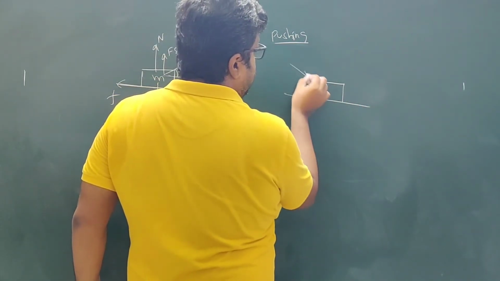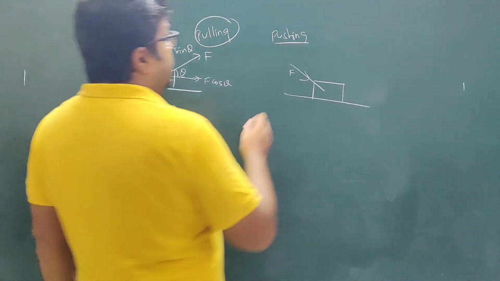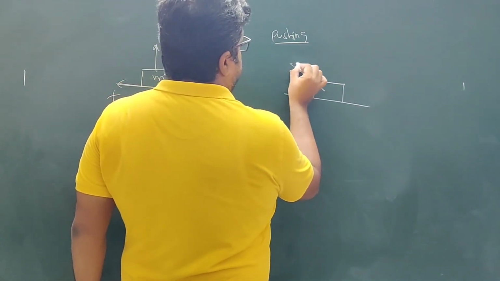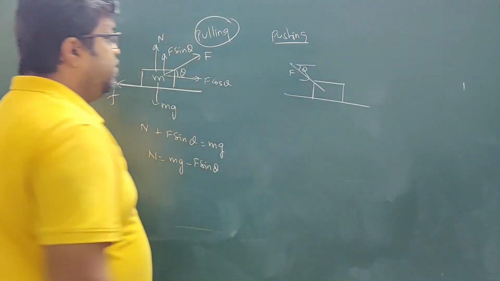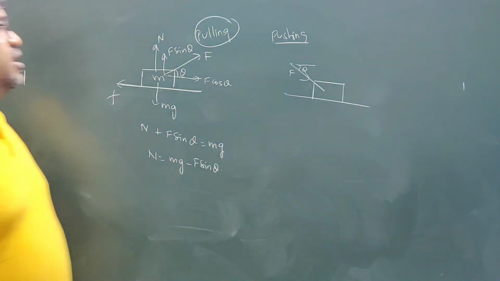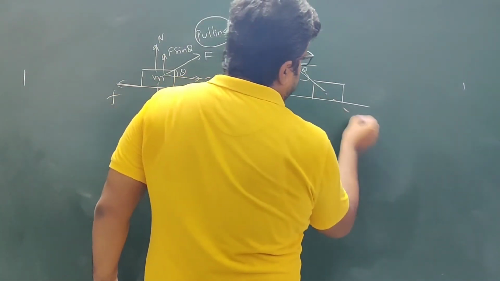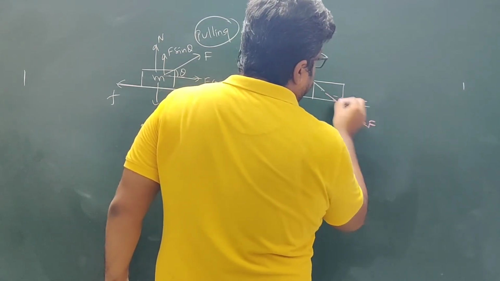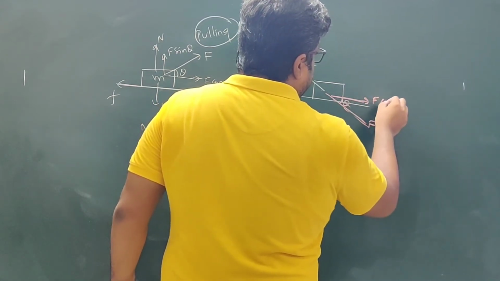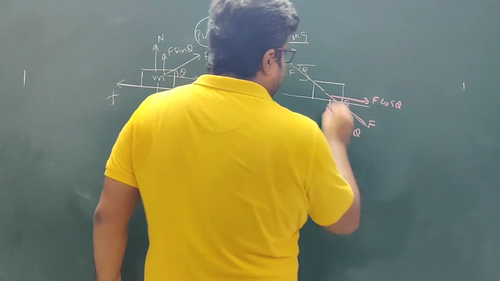Suppose I am applying force F in this direction, and the force is making an angle theta with the horizontal direction. So if I extend this, this is theta, this is F, so this will be F cos theta, and this will be F sin theta.